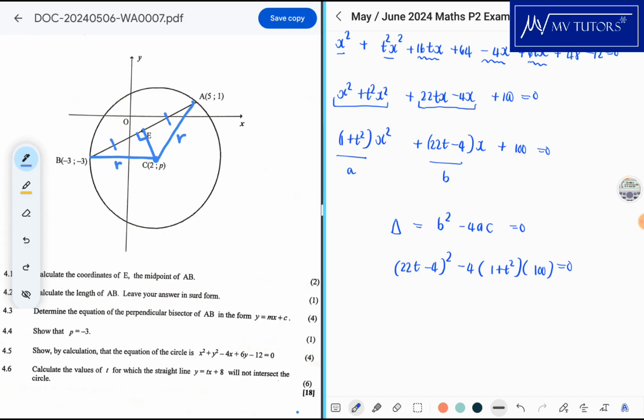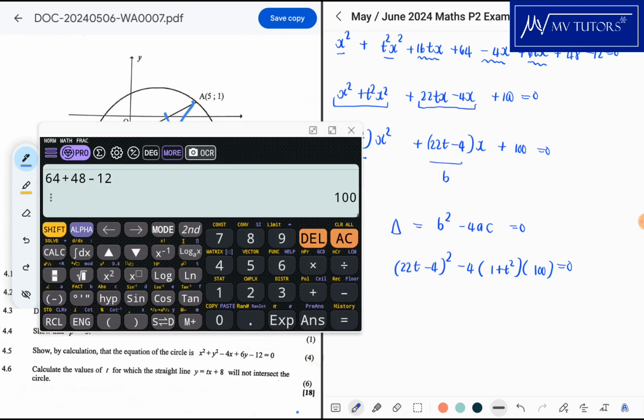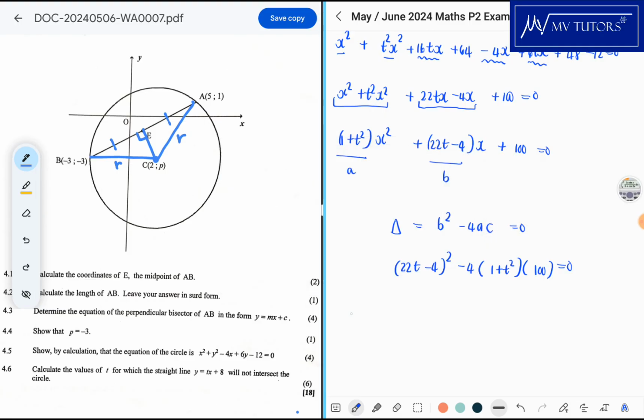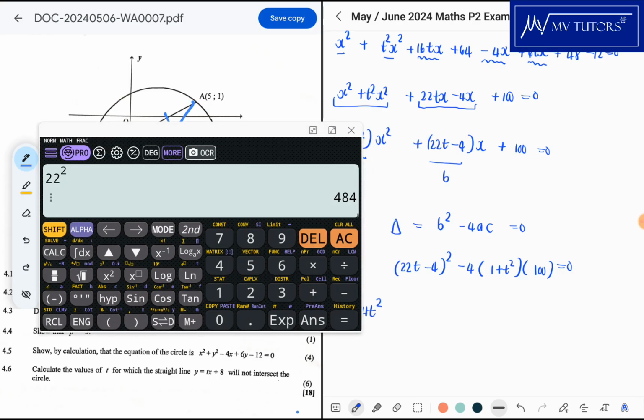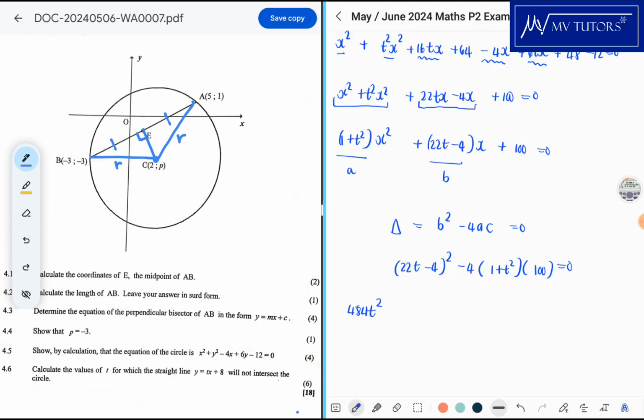All right. So let us continue to simplify. What is 22 squared? I don't know. It's 484. Okay. So I have 484t squared. And what is 4 times 22? Okay, that is 88. 4 times 22, that's 88 times 2, that's 176. So it's going to be minus 176t and then plus 16, right? That's 4 squared.